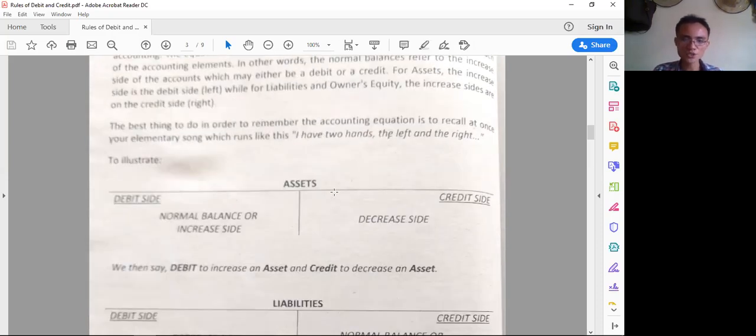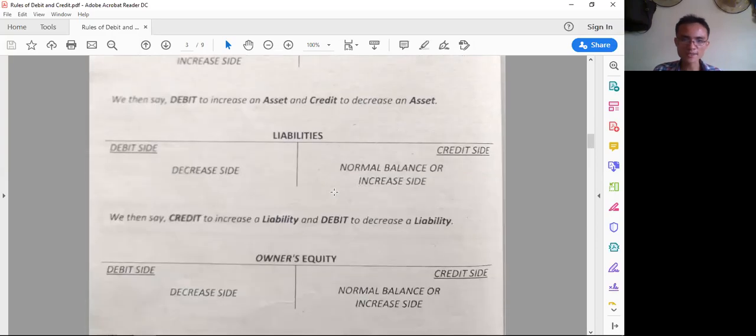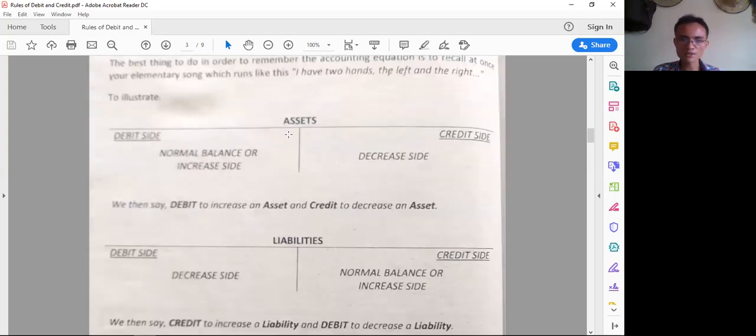Okay, so you have here the illustration of the three accounts. You can see here the T, which is actually a symbol of the ledger, which we will know in the future in posting. This T is a skeletal form of the general ledger, and that's why it is called a T account.